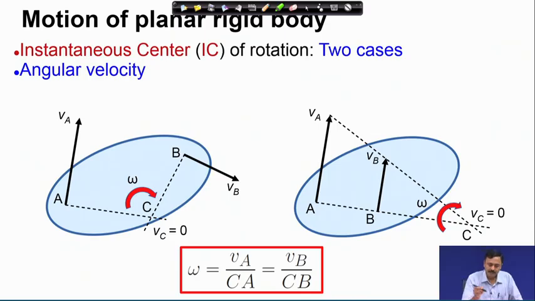Now, there is something to be understood here. When I say VC is 0 and C is the instantaneous center of rotation, as I mentioned, you can imagine that at this instant point C is hinged to the ground.